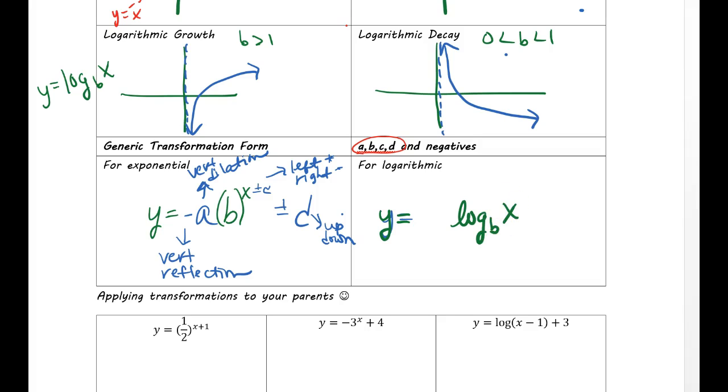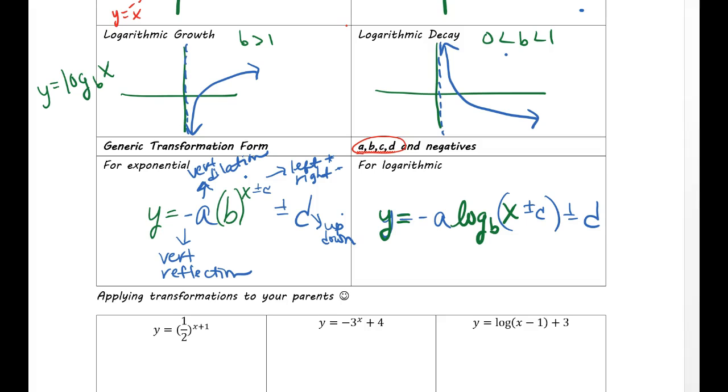Now, what might be there is there might be a negative in the front, there might be an a or a number in the front multiplied by it, there might be a left or right shift, and there might be an up or down shift. So the same negative, a, c, d, this same stuff, they do the same things as this box. So I'm not going to recopy all that. If you want to know what that does, just look over here, and we already wrote vertical dilation, okay?